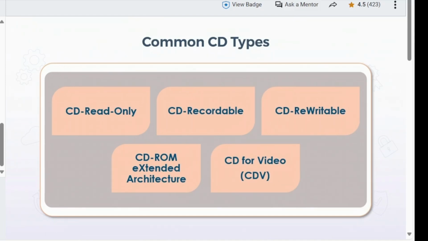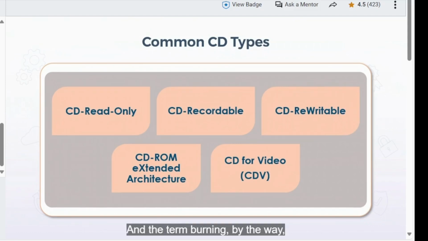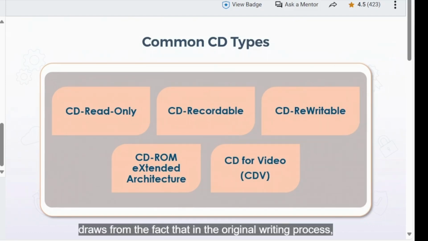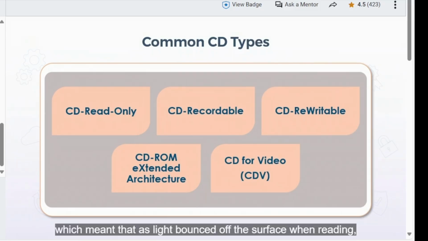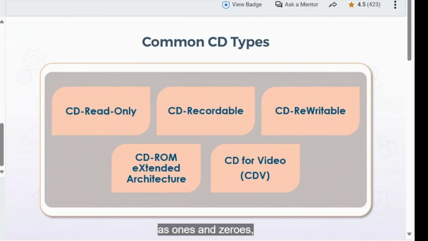And the term burning, by the way, draws from the fact that in the original writing process, before rewritable disks, the laser quite literally burned a small pit into the surface of the disk, which meant that as light bounced off the surface when reading, it would interpret the non-pitted areas versus the pitted areas as ones and zeros, because the light took different time intervals to reflect back to the reader.